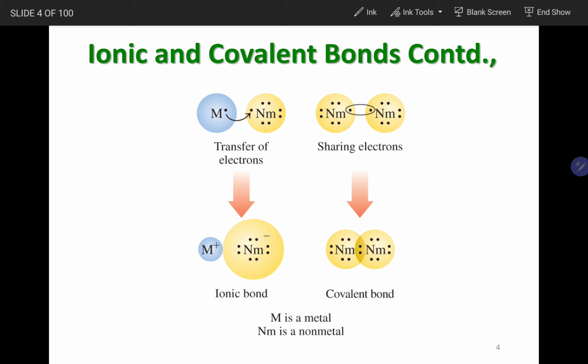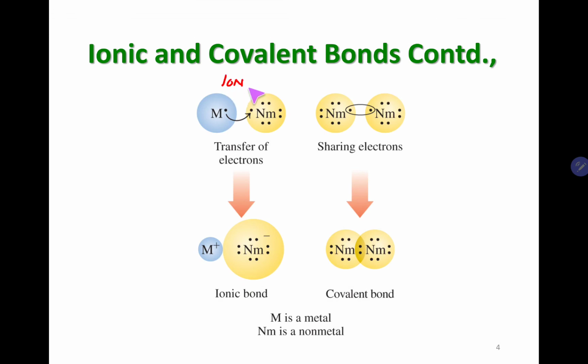In this figure, I'm showing you the formation of an ionic compound and a covalent compound. On the left hand side, you have your ionic compound or ionic bond, and on the right you have your covalent compound.